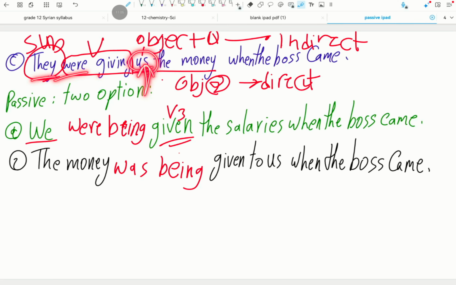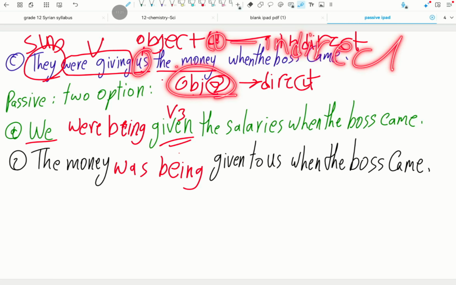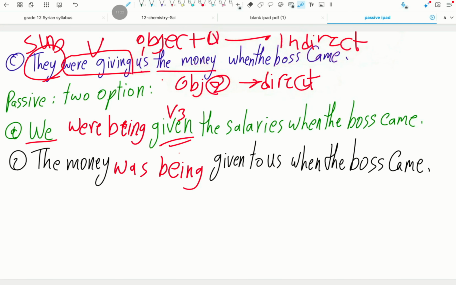Us, we are the object. The money is another object because they do this giving for the money also. So object number 1 we call the indirect object. And the second one, the money, is called the direct object because the money is what receives the verb directly.